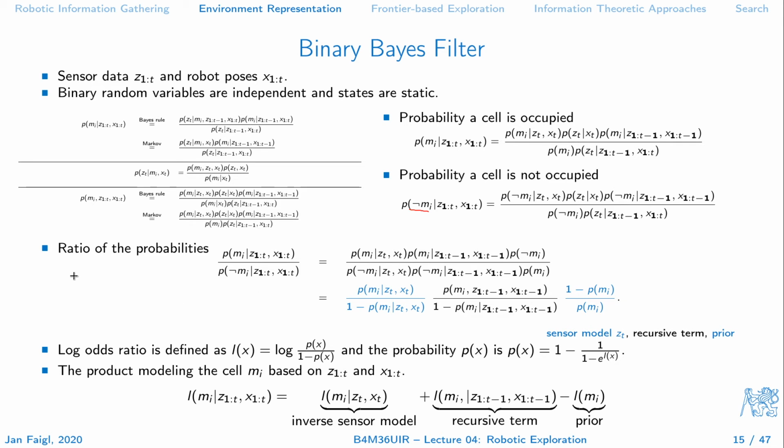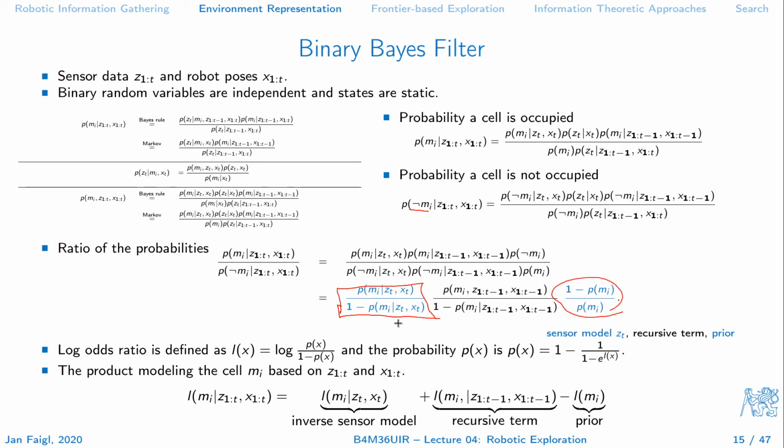So we can consider the ratio of these probabilities, and we can again massage the formula a bit, and we will have this is the sensor model. This is the recursive term, and this is the prior.